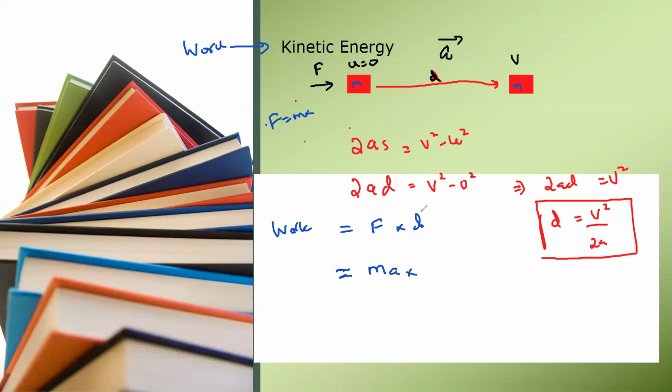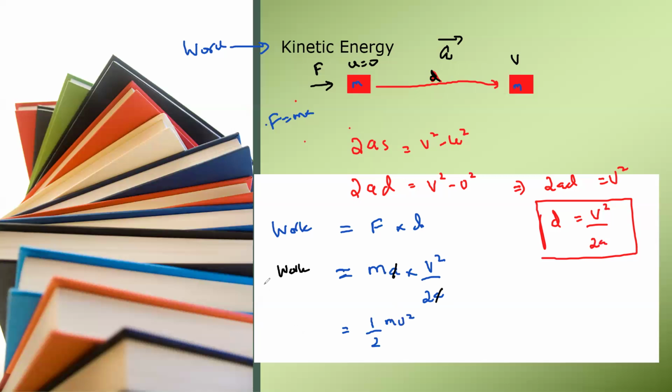What about the distance moved by this object? We just derived that the distance moved is v square over 2a. So if I put v square over 2a and simplify this work, a will cancel with a. So what I'm left with is 1 by 2 mv square.